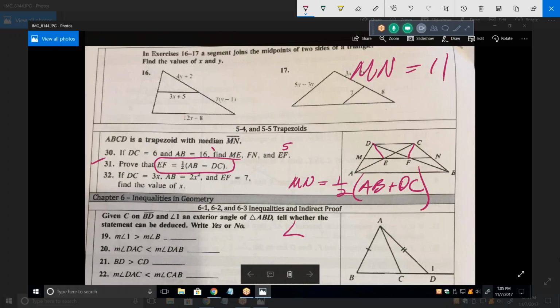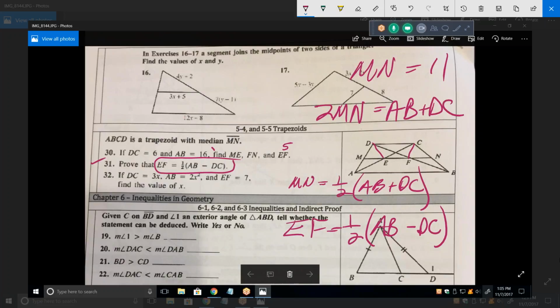That's what they're saying, is EF equals half of AB minus DC. Well, let's do a little algebra. We got 2MN equals AB plus DC.